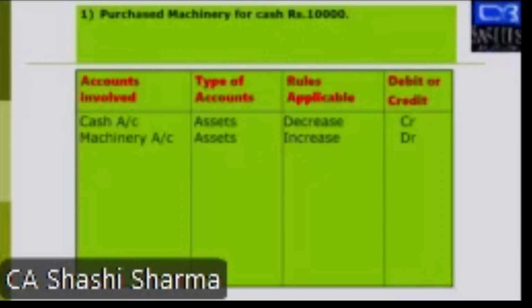Whereas transactions appearing on the credit side of the cash book were recorded on the debit side of certain accounts in the ledger. And suppose you make a mistake in recording the transaction in the cash book itself. Instead of writing on the debit side, suppose by mistake you record it on the credit side. Then your posting, your classification will go wrong. So the most important thing in accounting is recording of the transaction.